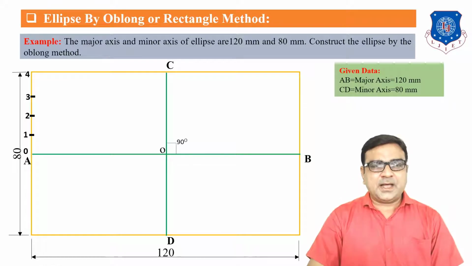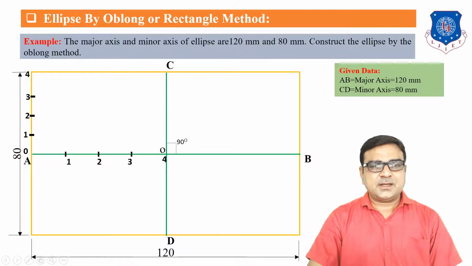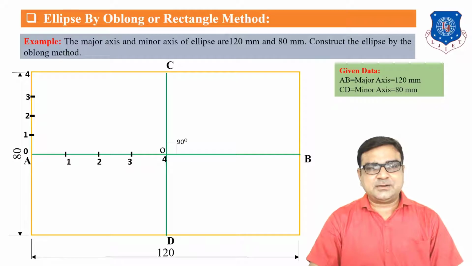Now divide the line OA also into 4 equal parts, numbered 1, 2, 3, 4. Keep in mind that in this method we divide this 40 mm line into exactly 4 equal parts, and AO is also divided into 4 equal parts.